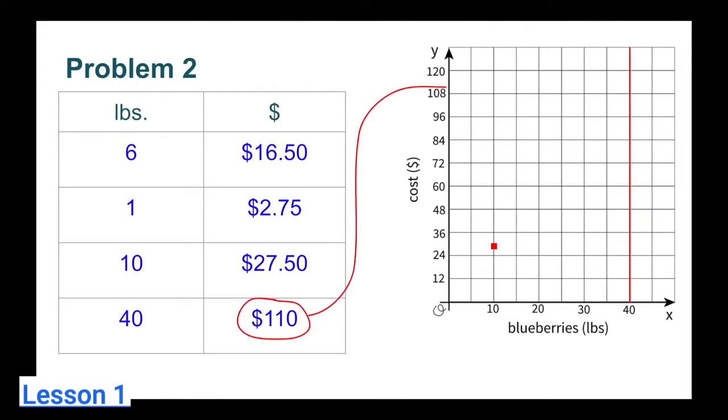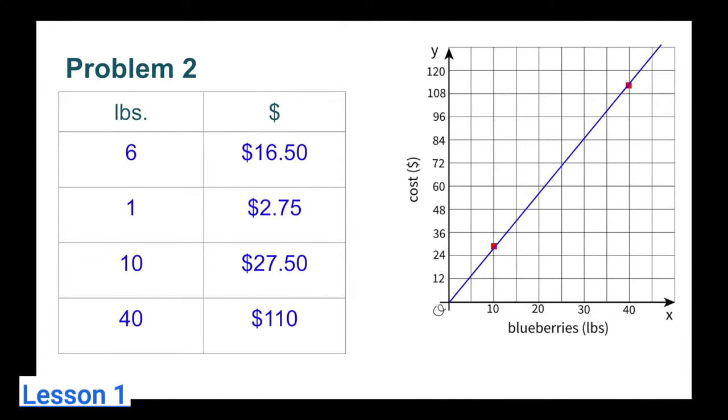So $110 would be just above the $108, and I would put my point there, and this point represents 40 pounds at $110. This line represents the relationship between pounds of blueberries and the cost in dollars.